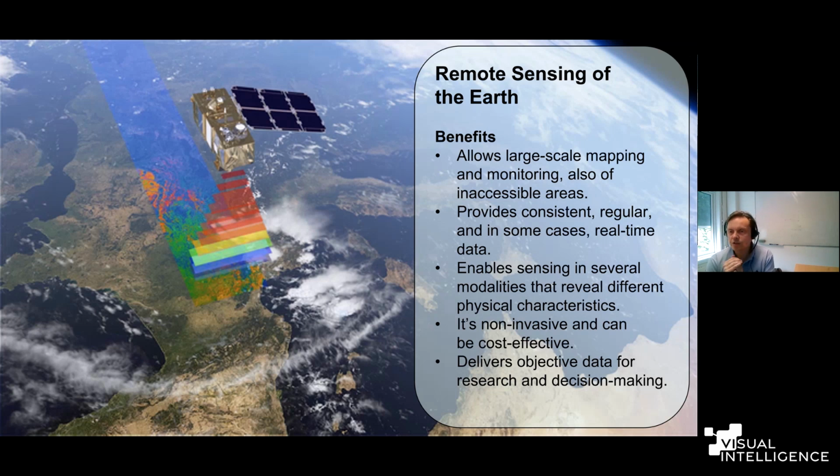And it provides consistent, regular, and in some cases real-time data, and you can also sense in a lot of different modalities, so you can reveal different physical characteristics of the Earth. It is non-invasive and can be cost-effective. It depends on, of course, the methodology you choose to use.